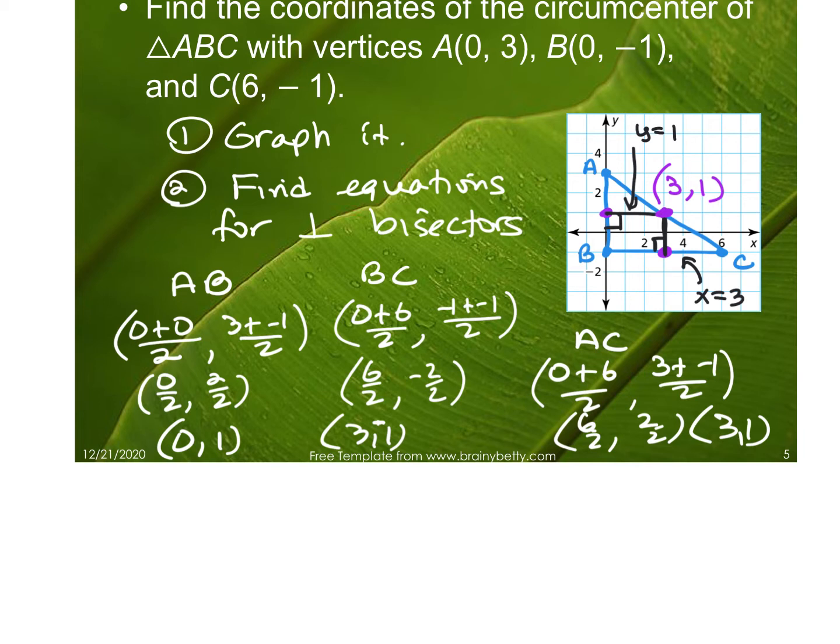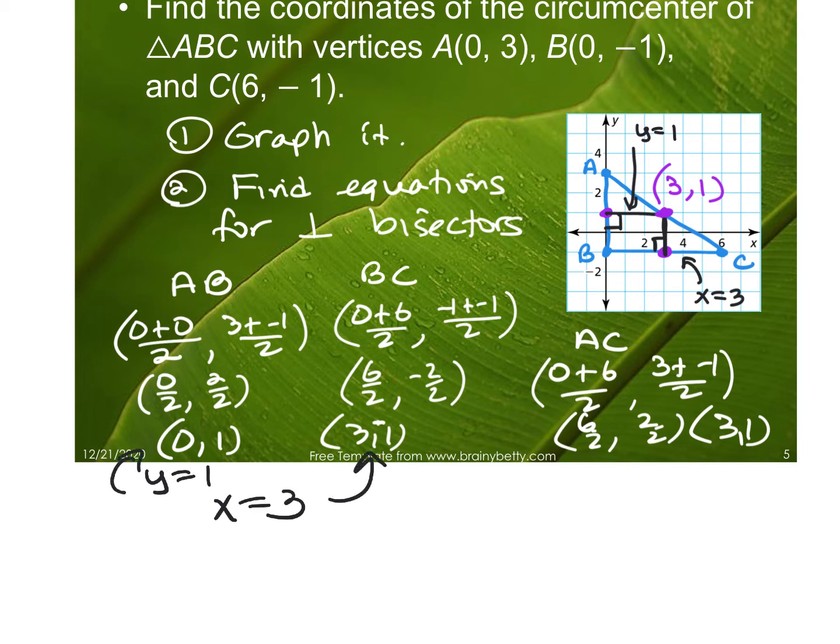So once we find the two equations and we found the midpoints, we know that the line through that ordered pair (3, 1), that's perpendicular to BC, is x equals 3. And then the same thing through midpoint AB, so the line through the ordered pair (0, 1), and that's perpendicular to AB, is y equals 1. So that's for this one, and that's for this one.